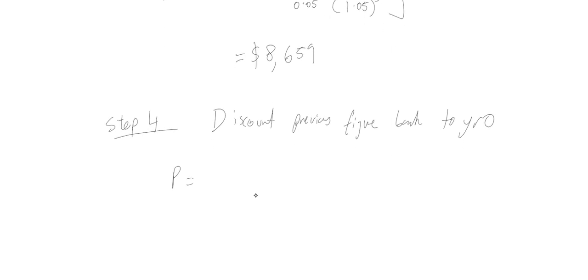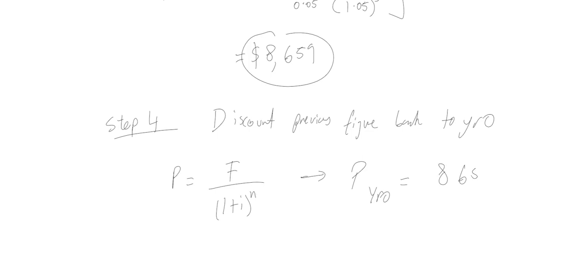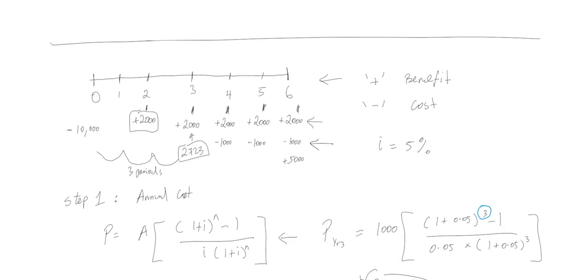Again, I need to use this equation, F over (1 plus i) to the power of n. My F is going to be this amount, the value at year 1, 8659, which I got from the previous step, over 1.05. Now the n in this case: if I go back to my timeline, I've got the discounted figure at period 1.